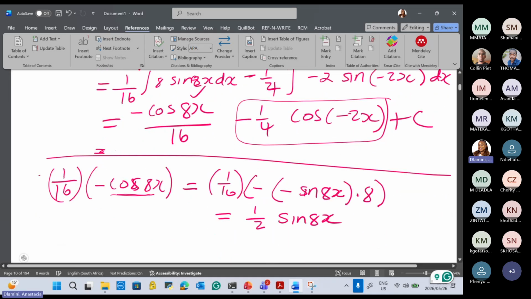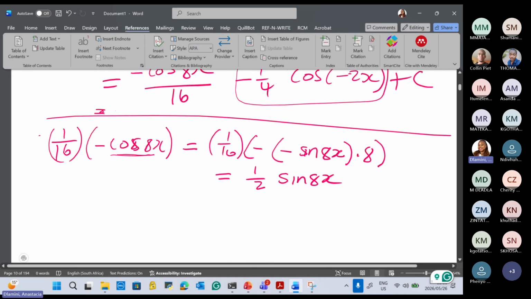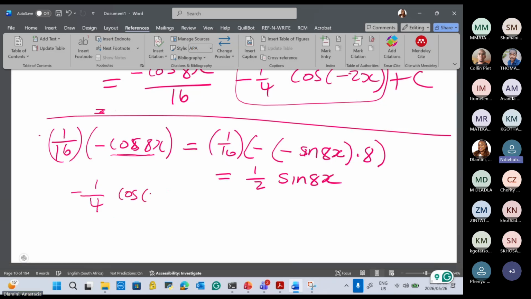Let's check this one. We have negative 1 over 4 cos of negative 2x.